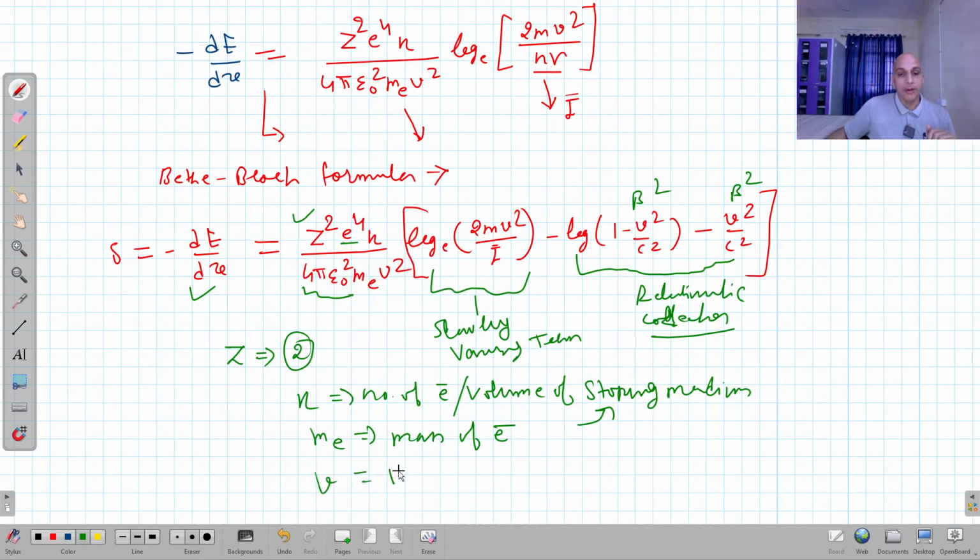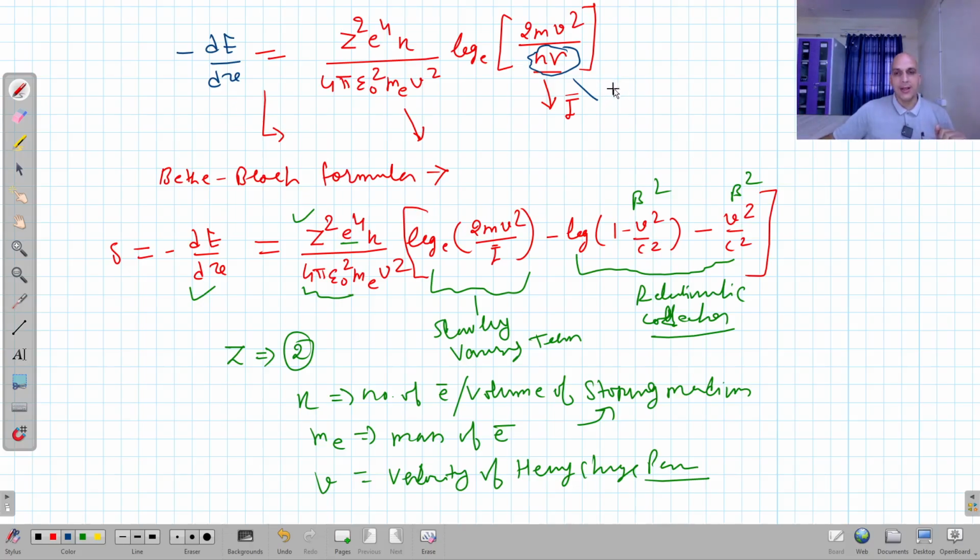b is the velocity of the heavy charged particle. So I think all the terms are clear. Here I was saying, what is I? I is basically, or sometimes we write it h nu. It is defined as the excitation or ionization energy of the electron of the medium.